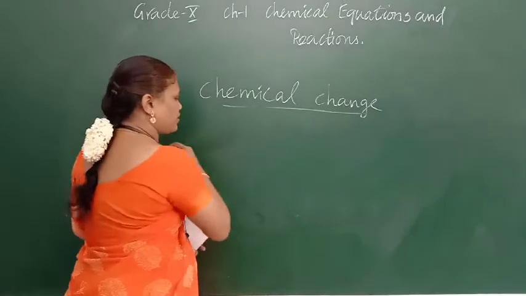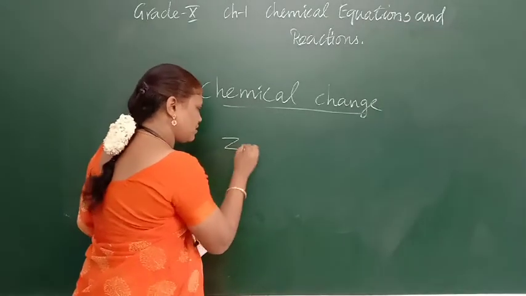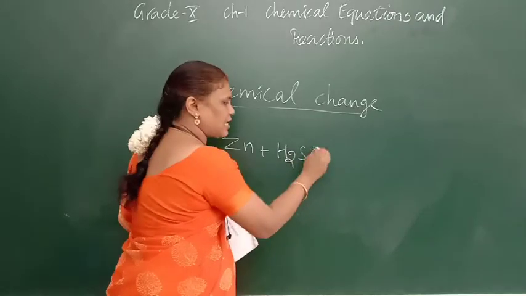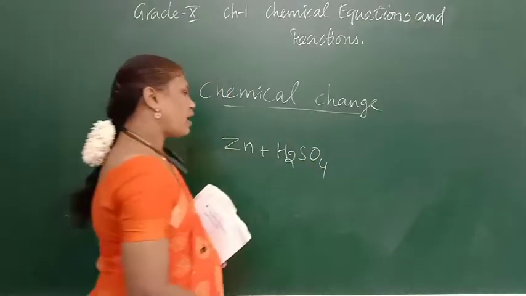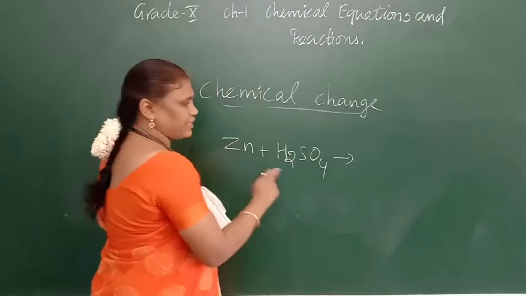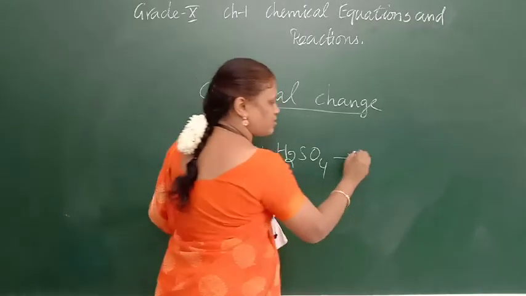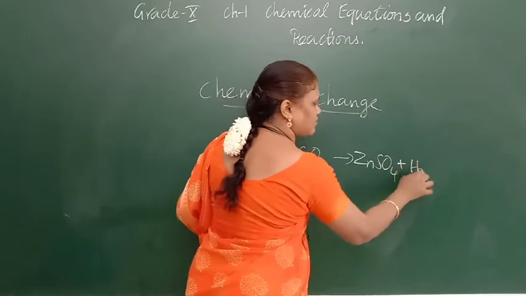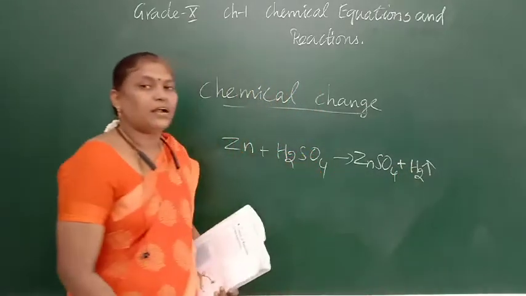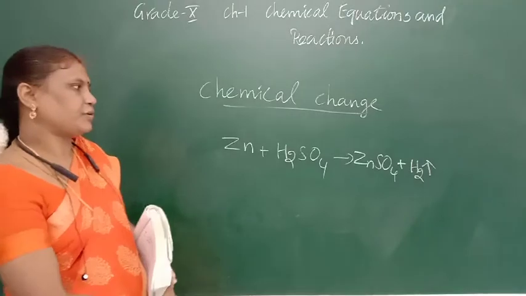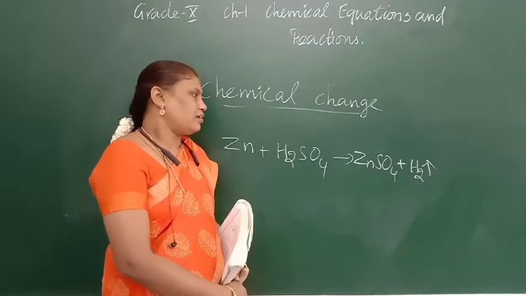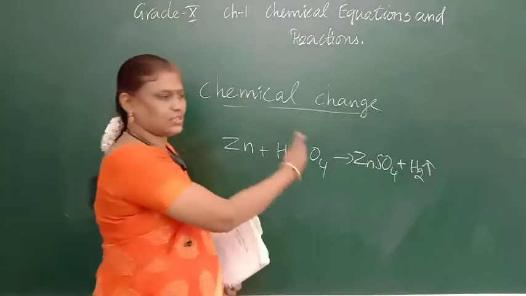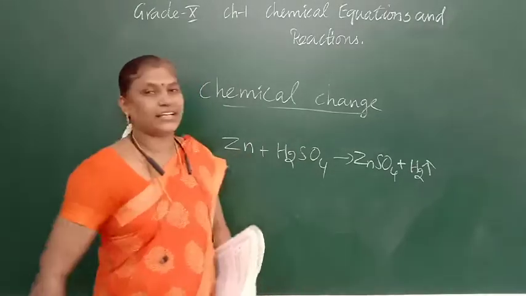The next one is what? Zinc, when it is reacting with sulfuric acid. A metal, when it reacts with an acid, gives zinc sulfate as a salt plus hydrogen gas. Whenever a metal reacts with an acid, according to the acid and the metal, you will get a salt.